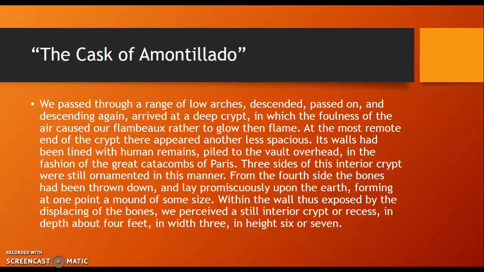Three sides of this interior crypt were still ornamented in this manner. From the fourth side the bones had been thrown down and lay promiscuously upon the earth, forming at one point a mound of some size. Within the wall thus exposed by the displacing of the bones, we perceived a still interior crypt or recess, in depth about four feet, in width three, in height six or seven.